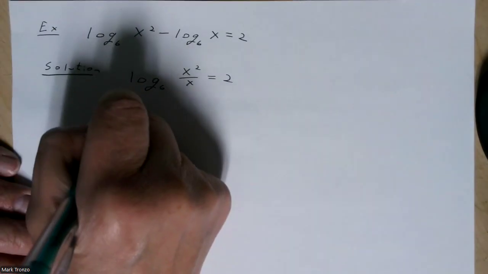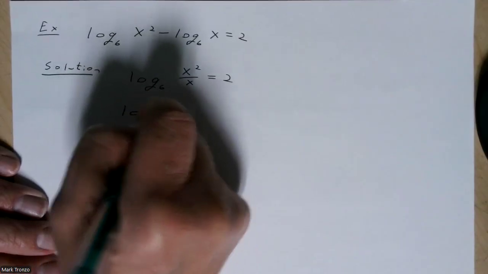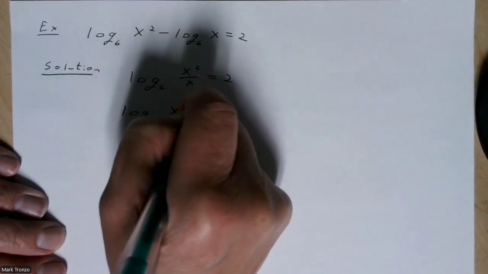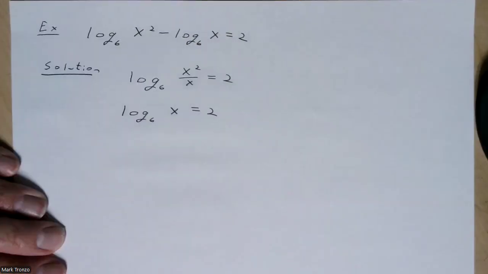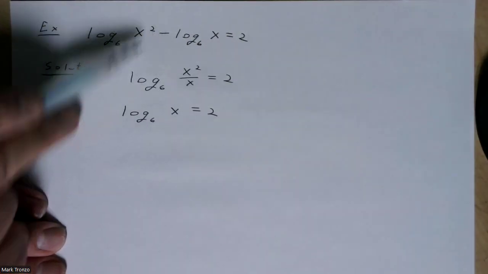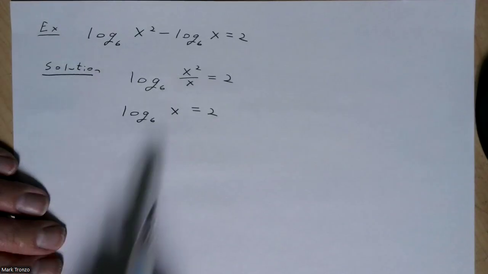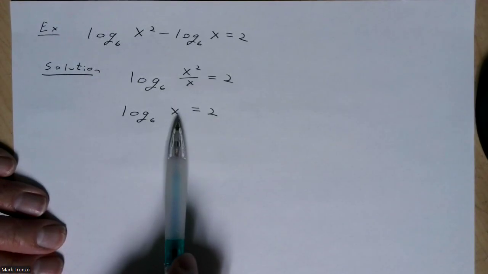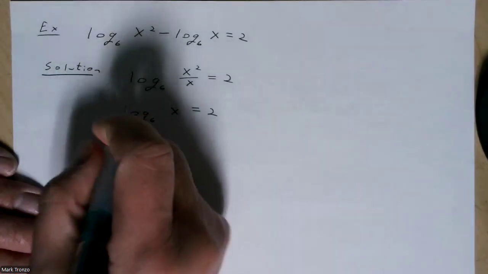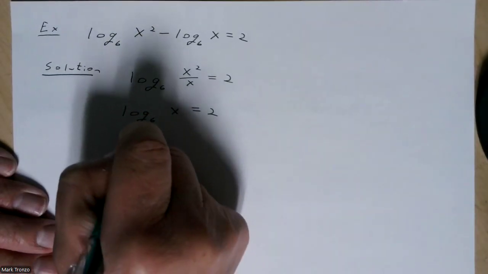Because this was the negative as x squared over x, one of the x's cancel, get that. So once again, we want to try to get at this x, so we're going to have to raise this up to both sides.